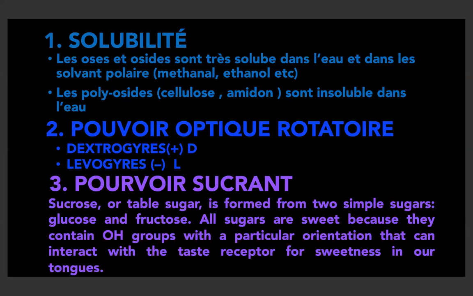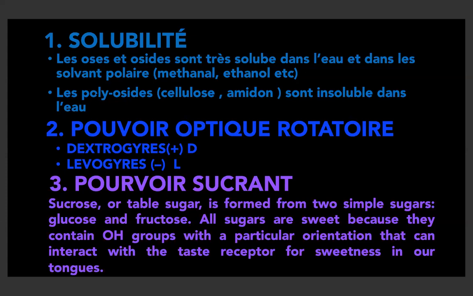The simplest sugars, all oses and all osides, are very soluble in water and in polar solvents. What it means that they are soluble is, for example, when you put an equivalent amount of water to an equivalent amount of sugar, that is sucrose, in a cup, everything is going to dissolve.